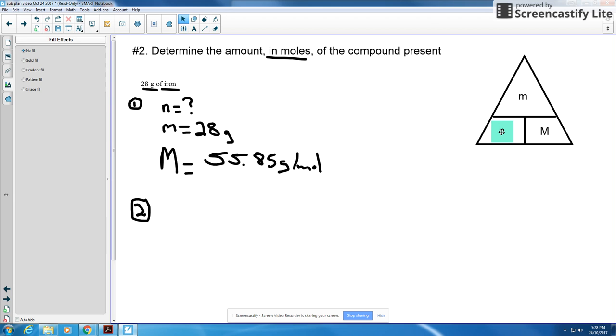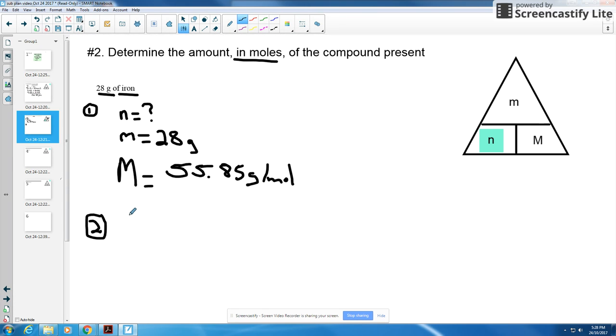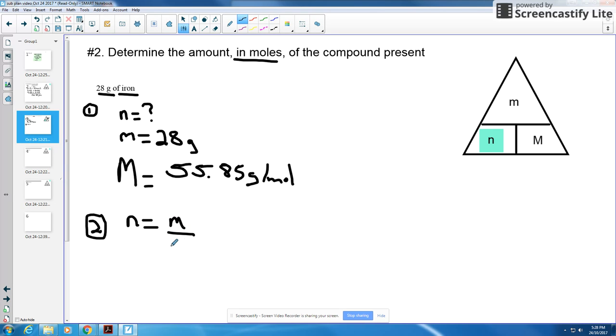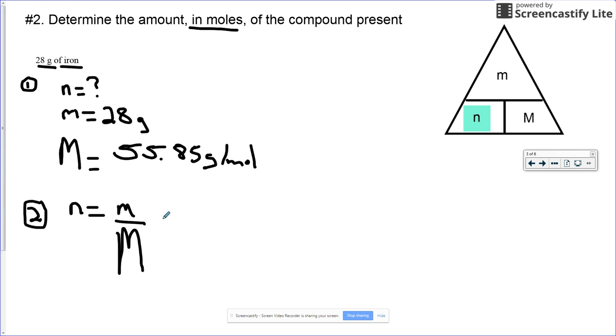So N is covered. I've got mass on top of molar mass, and if it's on top, you can probably imagine that means divide. So my formula here is going to be: the number of moles is equal to the mass over the molar mass. And I've made that M extra big so that we know that we're dealing with molar mass.